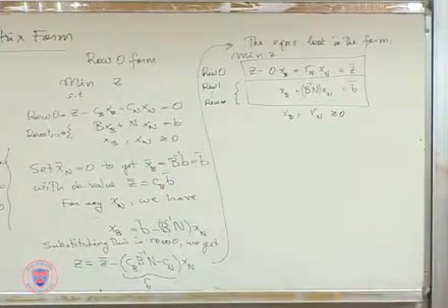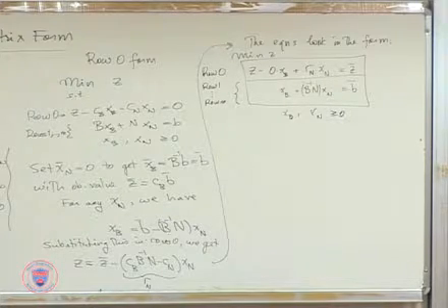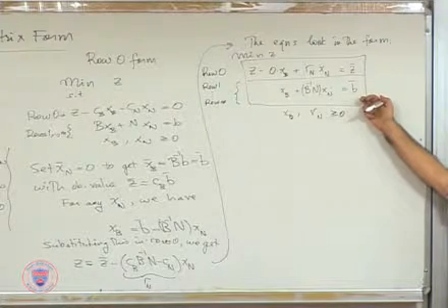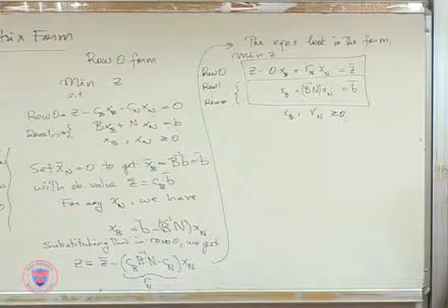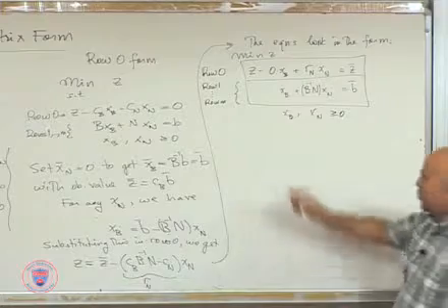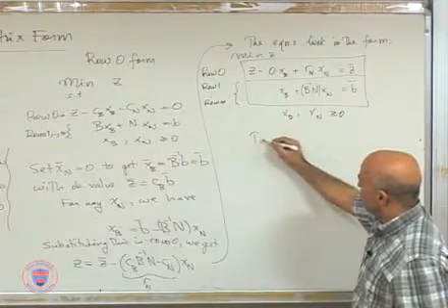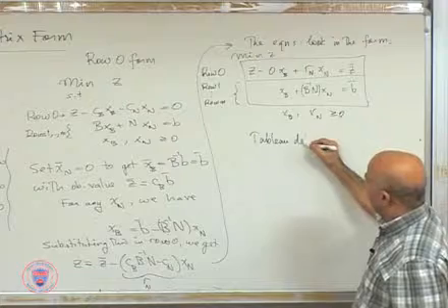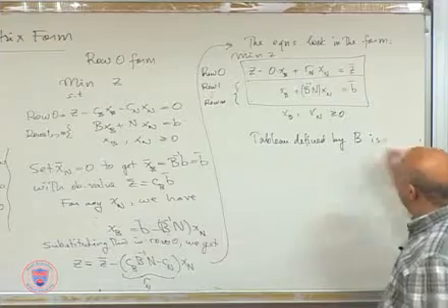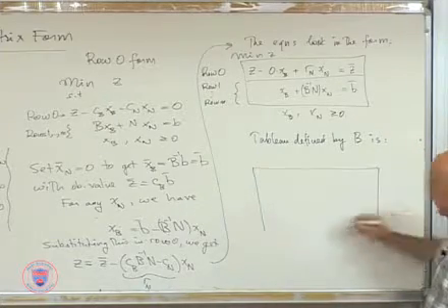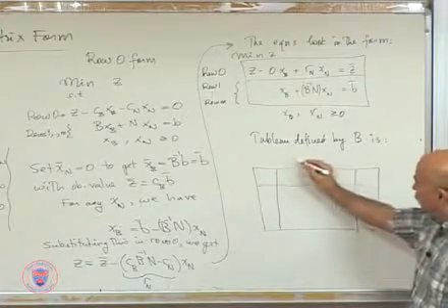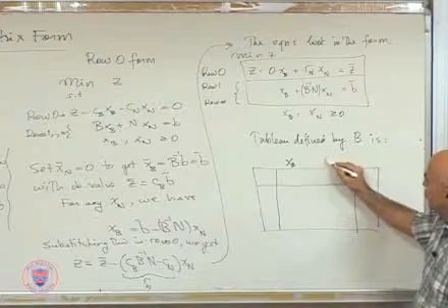Okay? And your simplex tableau precisely matches this boxed portion of the system with all the variables removed. That's it. So your simplex tableau corresponding to basis B is the following tableau, in partitioned form.